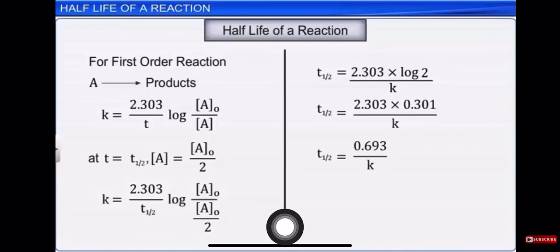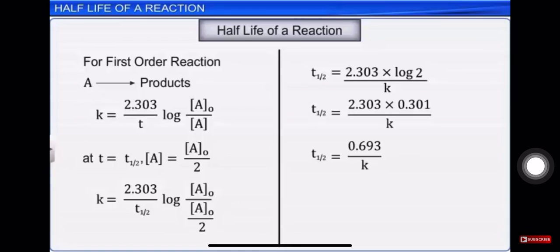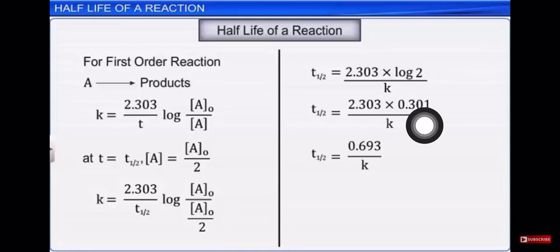Now by rearranging the terms, we get T half is 2.303 into log 2 upon K. The value of log 2 is nothing but 0.301 upon K, right? So here we are saying that T half is equal to 0.693 upon K.